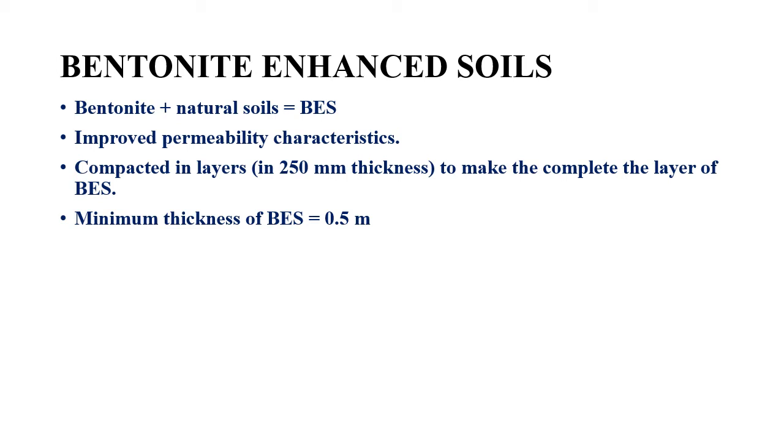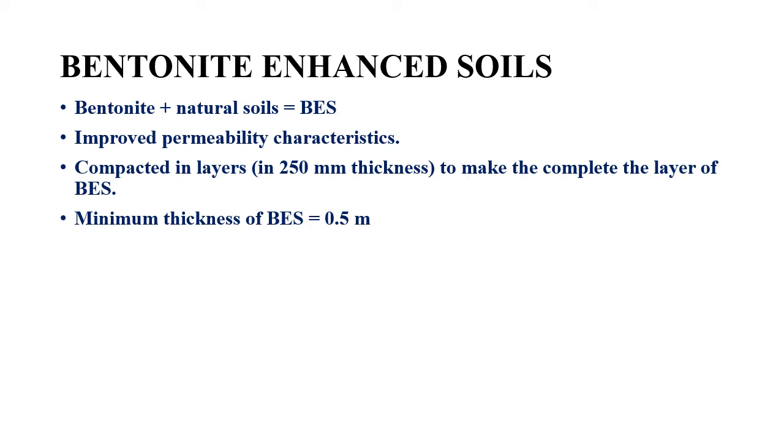It has to be made in such a way that it will satisfy all the design requirements of a liner material, and also all the required properties to be met for a liner material.